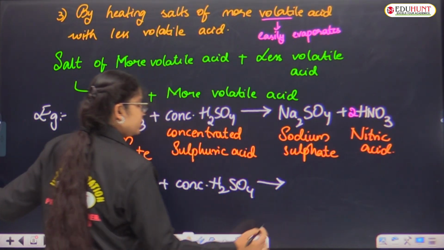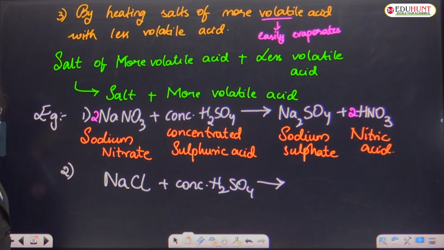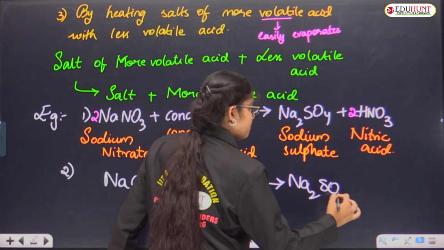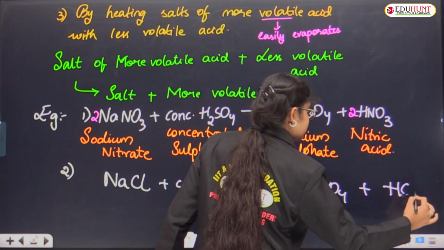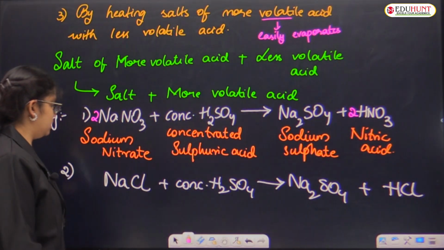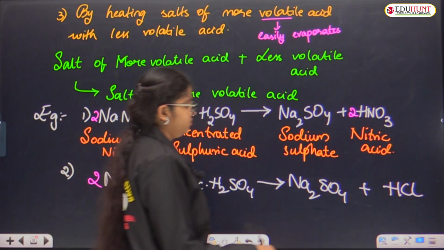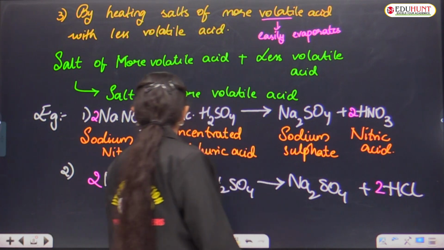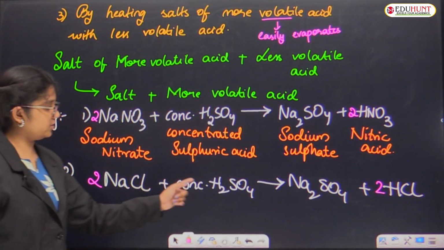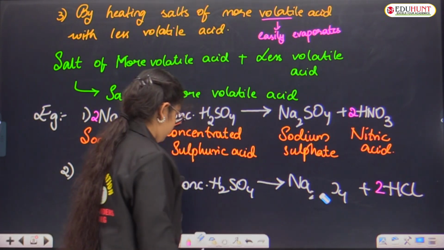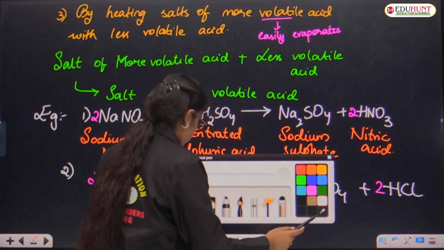It gives rise to what? What salt, children? It gives rise to again that one only, Na2SO4 plus HCl, because HCl is a more volatile acid. To balance this, again 2 over here and 2 over here, because 2 chlorine and 2 H are here. Okay, done.